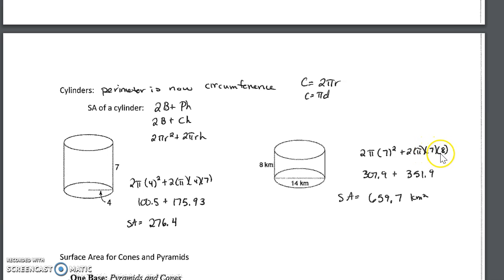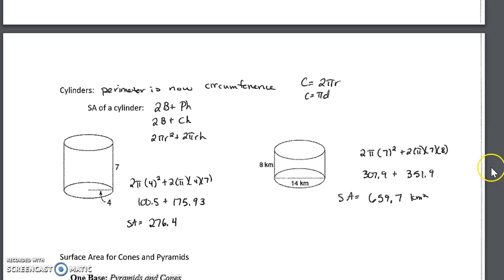So 7 times 8. 2 pi 7 squared plus 2 pi 7 times 8. Again, that ends up being calculator work. Just plug it in. 659.7 kilometers squared. Okay, so that's everything you have for 2 bases.